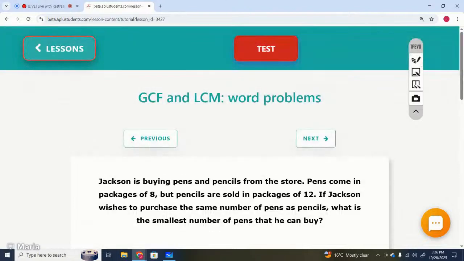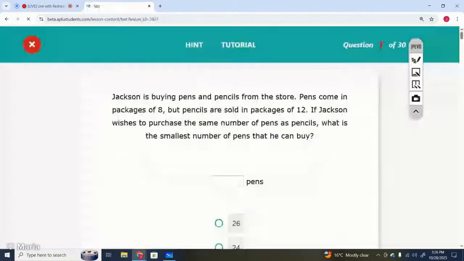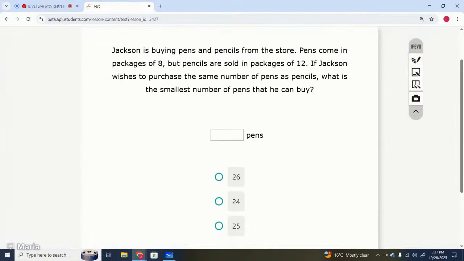I'm going to start with the test questions. Jackson is buying pens and pencils from the store.